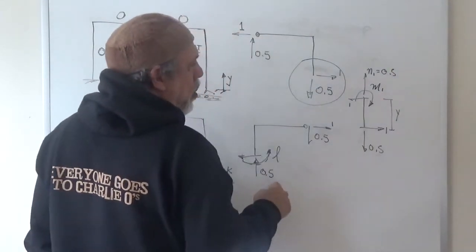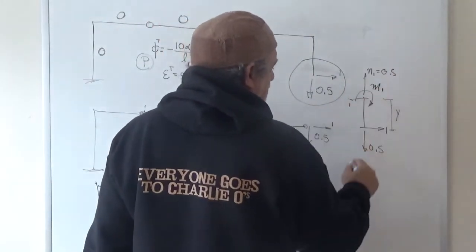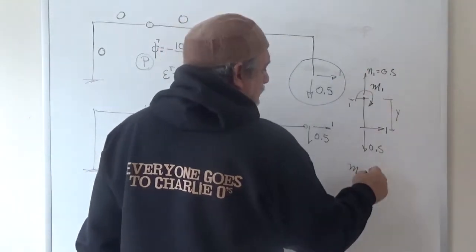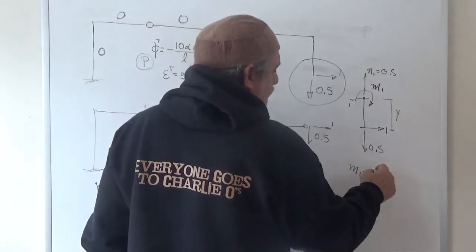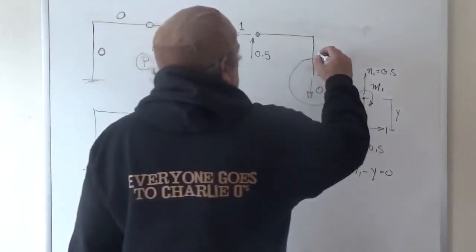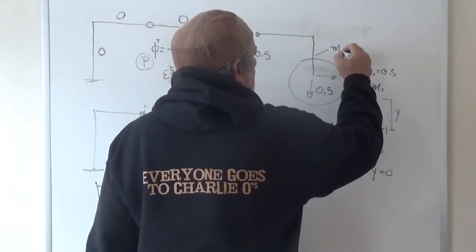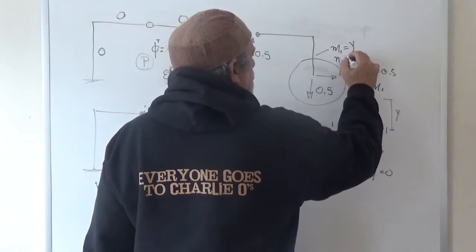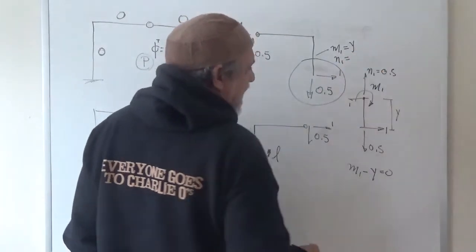And then from the moments, I can see that M1, summing moments about here, M1 minus 1 times Y is equal to 0, right? So I find that the moment here, M1 is Y, and the axial force over this bar, is it tension or compression?